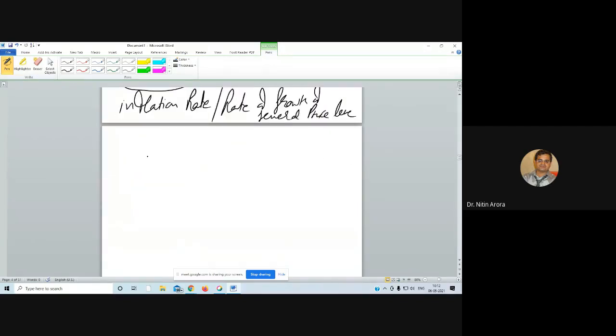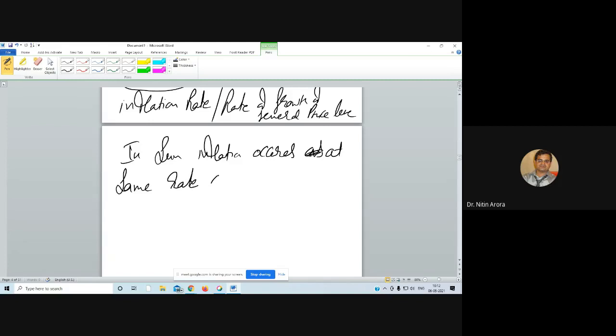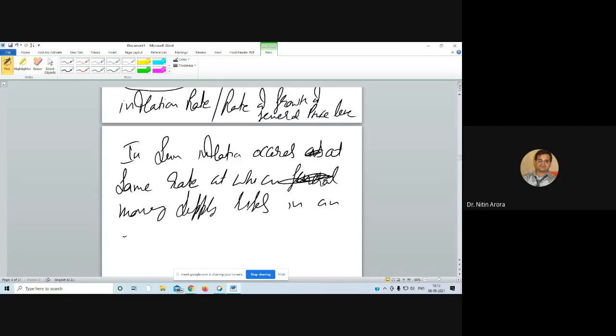So in short, inflation occurs at the same rate at which money supply rises in an economy. Right? If you have any problem, you may discuss.